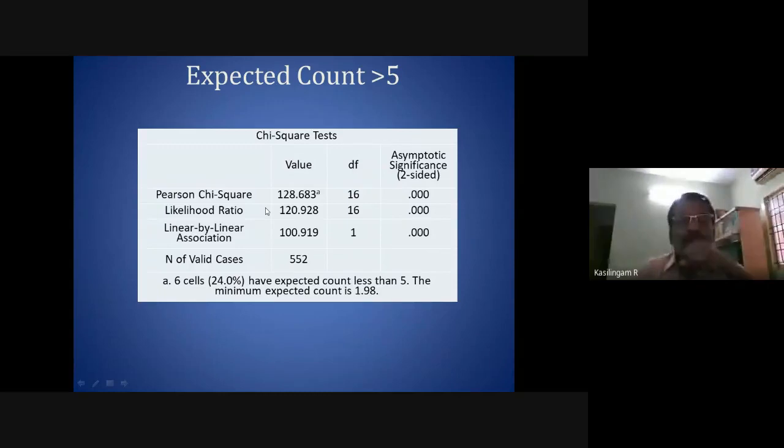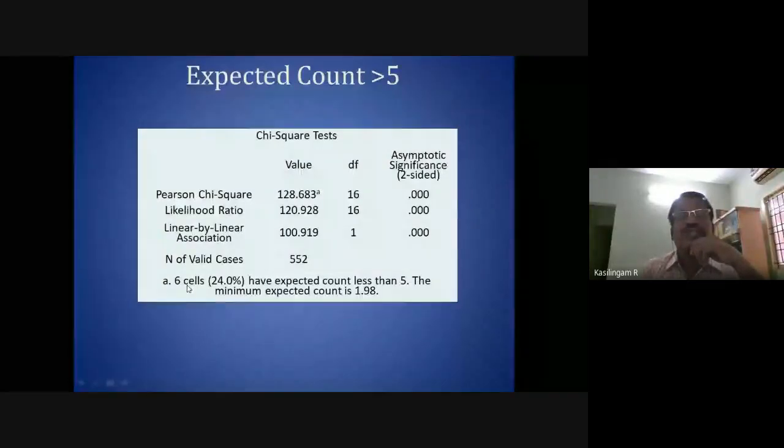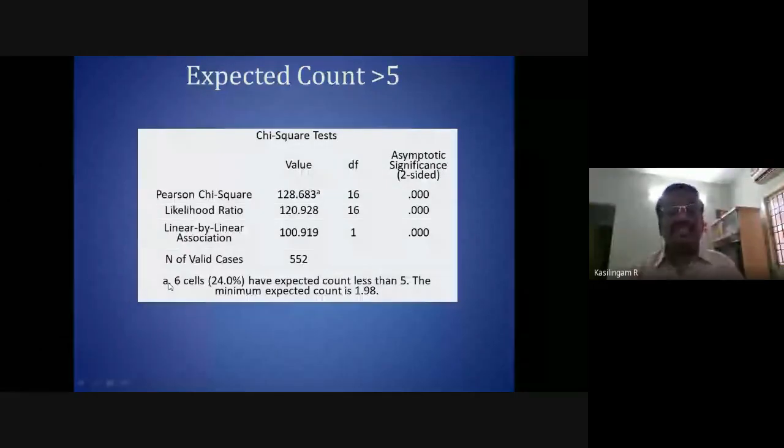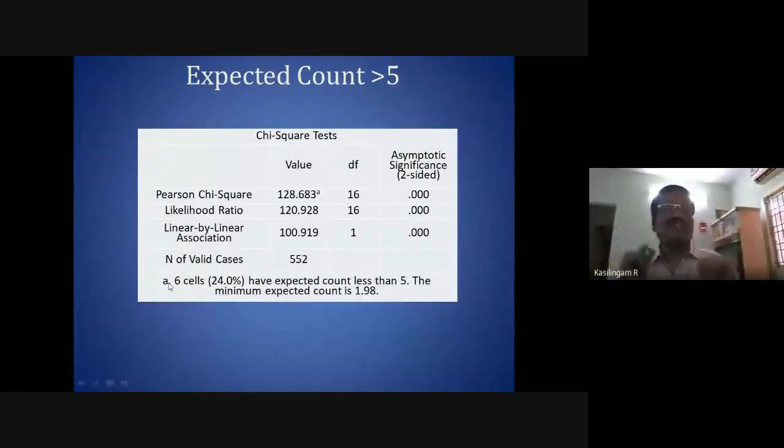Now, in the bottom we have something. Here, a. What is this a? It says 6 cells, that is out of 25 cells, 6 cells, that is 25% of the cells, have expected count less than 5.